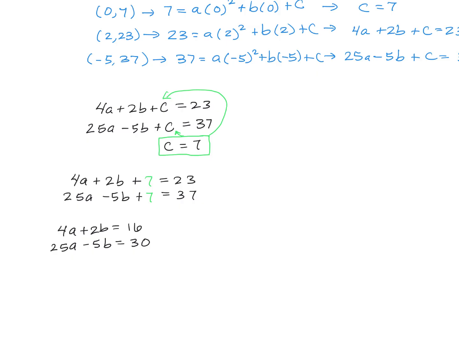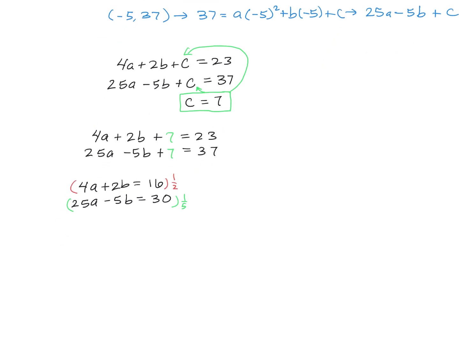For the top equation, I can multiply the whole thing by a half, and for the second equation, I can multiply the whole thing by 1/5, which is the same as dividing the first by 2 and the second by 5. When I do that division, I have 2a plus b equal to 8, and 5a minus b equal to 6.